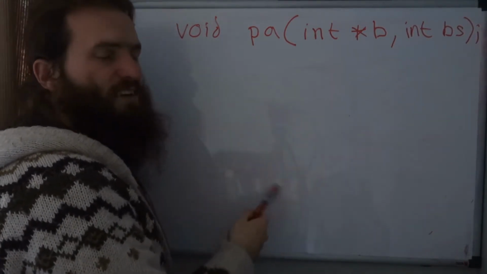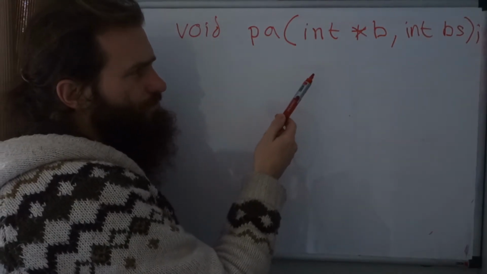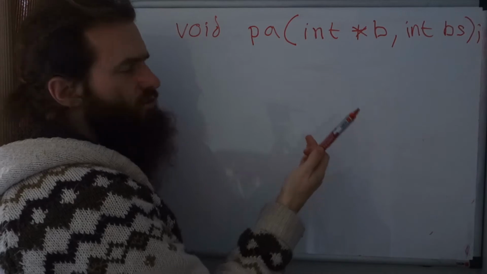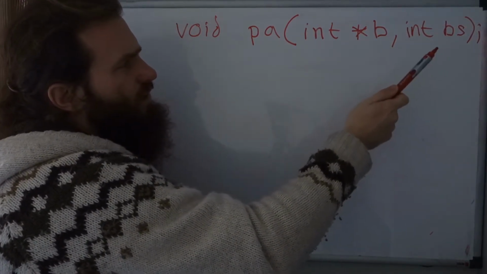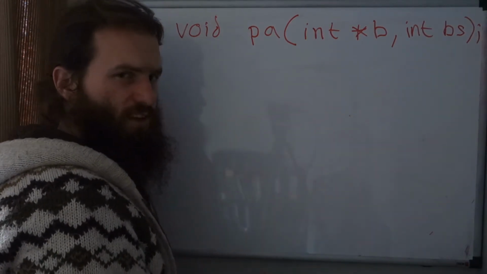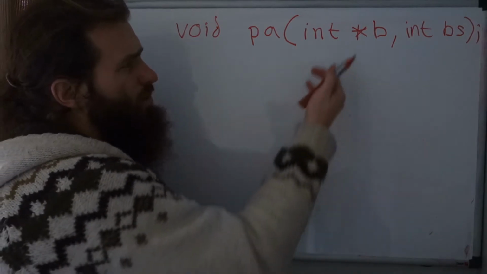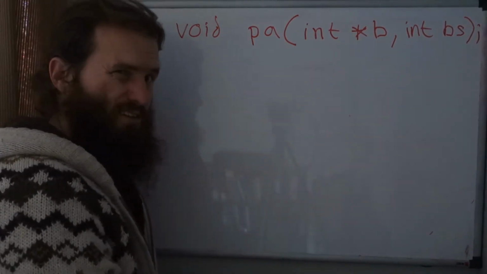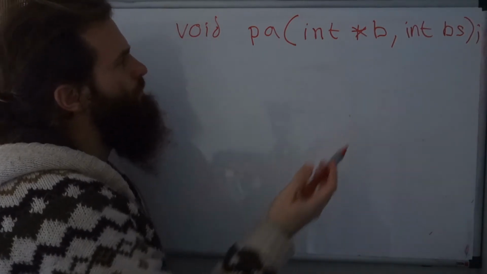So the function PA takes 2 arguments, a pointer to a bunch of integers, or an integer pointer as it's called, and an integer called BS, which stands for the size of B. We need to know the size of B because it's not part of this structure, right? This is just a whole bunch of integers in a row. There's no size information there.